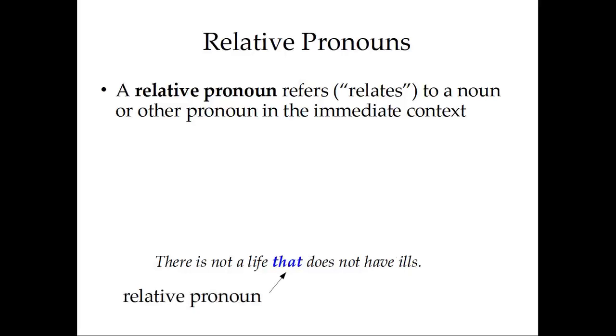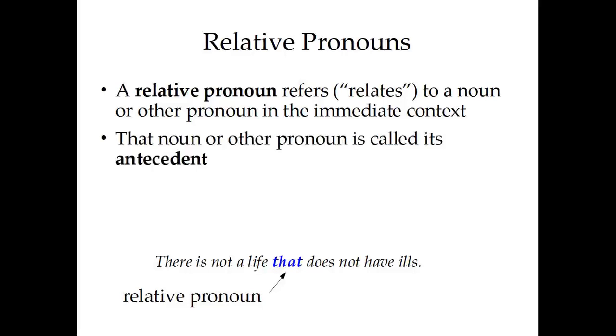Now, this is the relative pronoun, the that. We indicate relative pronouns with the word that or which or whom, in some cases even as what. But in this case, it's that.